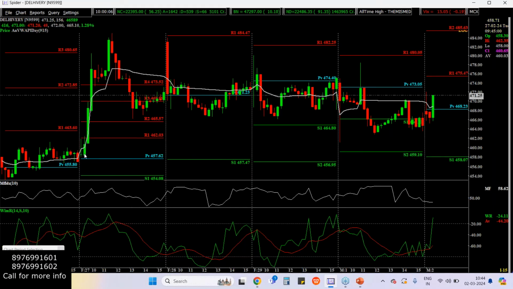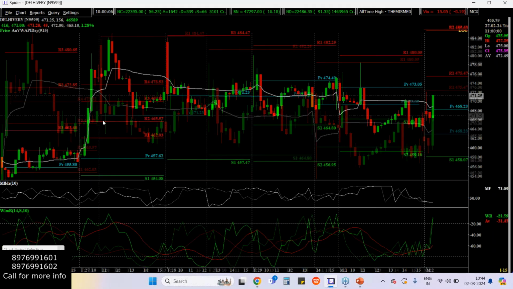My MFI on this candle, as you can see, is above 50. I have got a crossover in the Williams %R, and along with that, I have also received a close above the anchored VWAP. So after the closing of this candle, I enter into the trade, and then on the basis of resistances, I can book the profit at R4 itself.